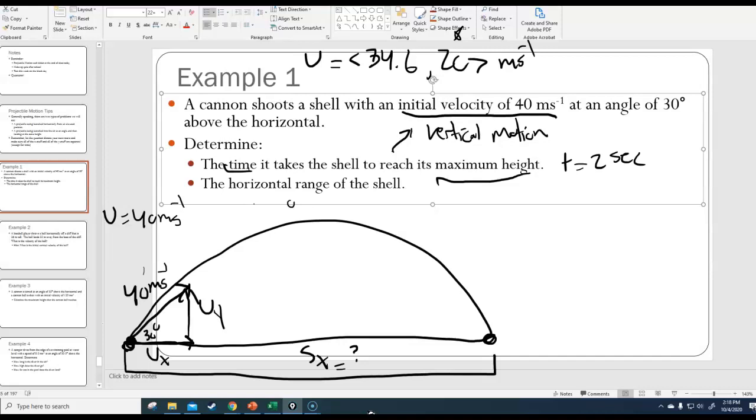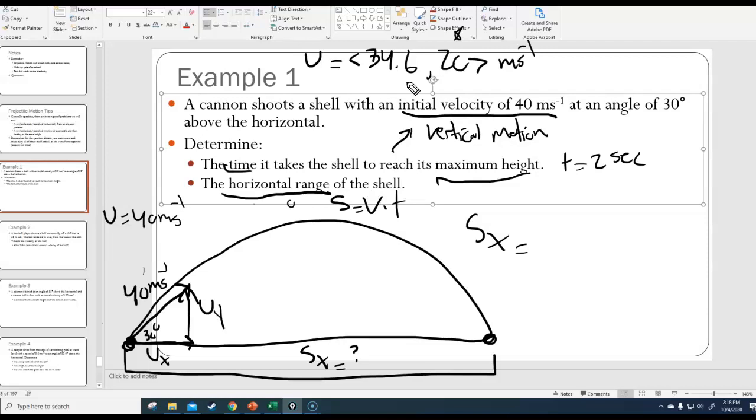Okay, so again, I let the question dictate what type of motion I have. This is obviously a question about horizontal motion. I mean, it has the word horizontal in it. What type of motion do I have horizontally? I have constant velocity. Okay, S equals V times T. Okay, but I only have constant velocity in the x direction, which means I should only be plugging x stuff into this equation. So if I'm looking for Sx, what velocity should I be plugging in? Only the x component of my initial velocity.